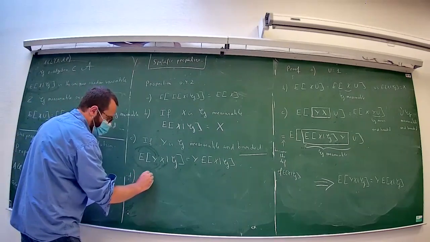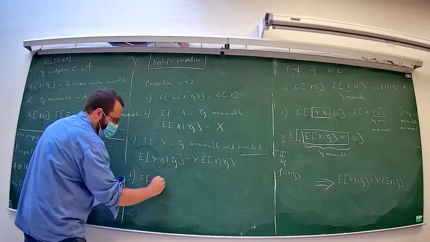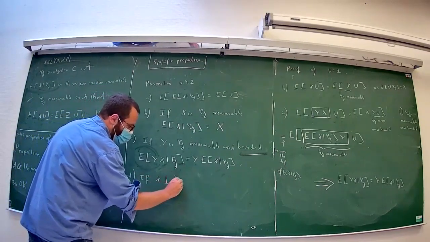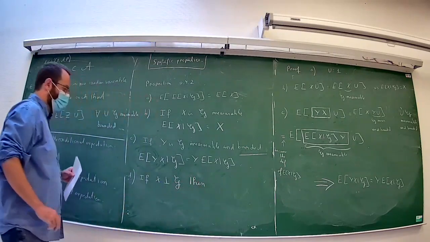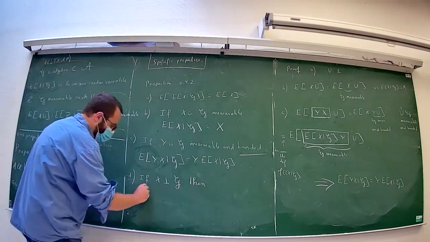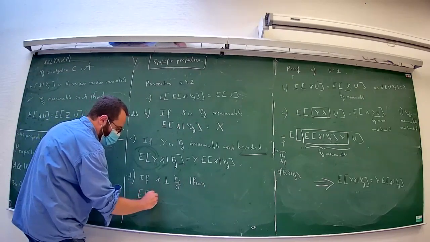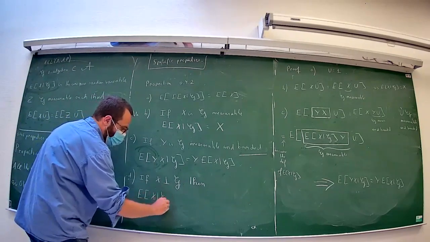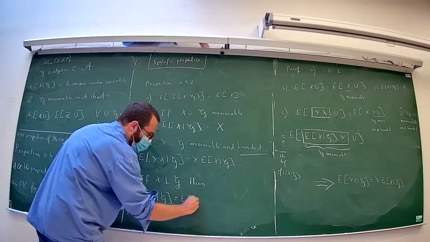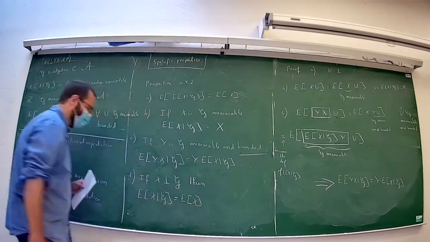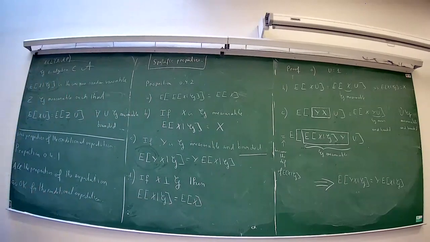If x is independent of J, then the conditional expectation of x given J is equal to the expectation of x. So the link between independence and conditional expectation.